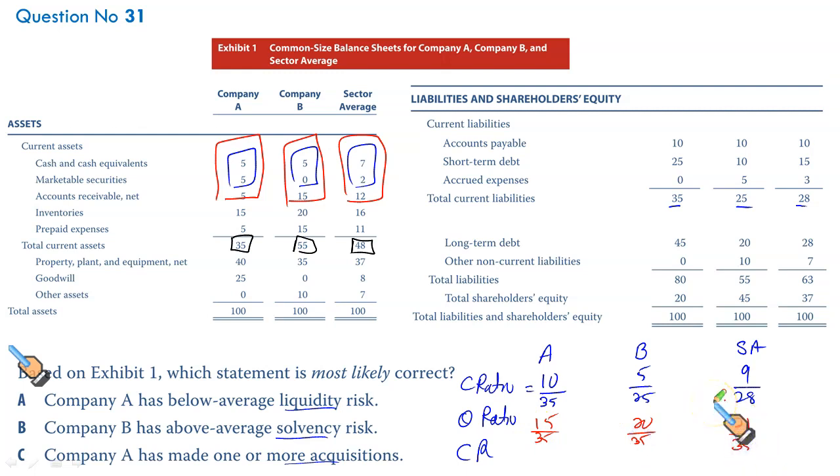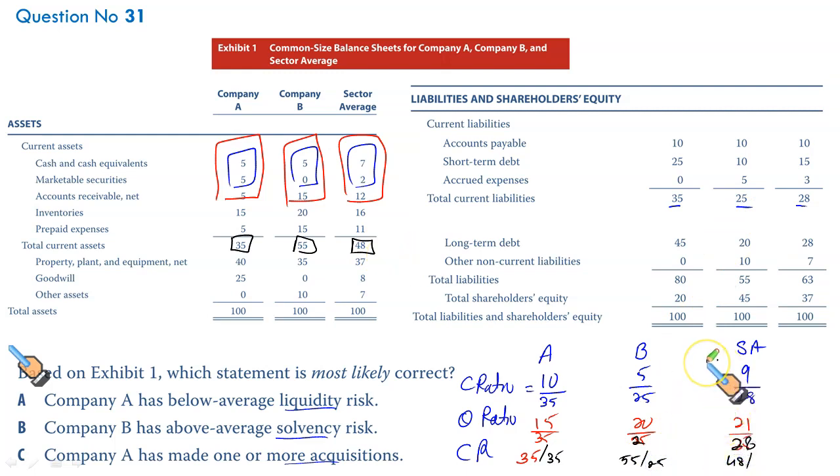The last one, given in black, is current assets, 35 by 35. 55 by 25. Sorry, this one is 25, and this one is 28. 55 by 25. And lastly, it's 48 by 28.